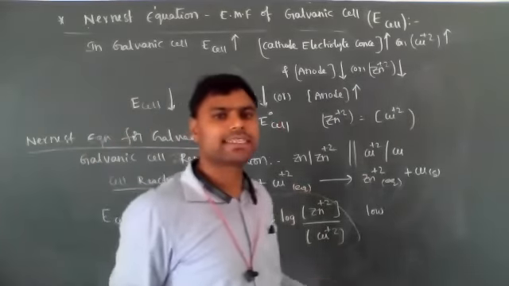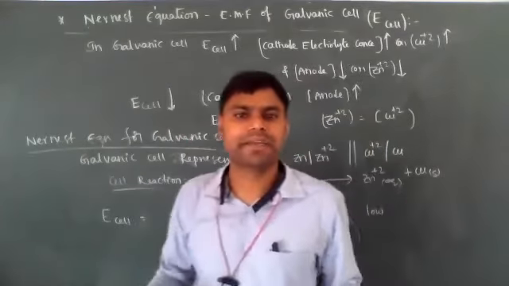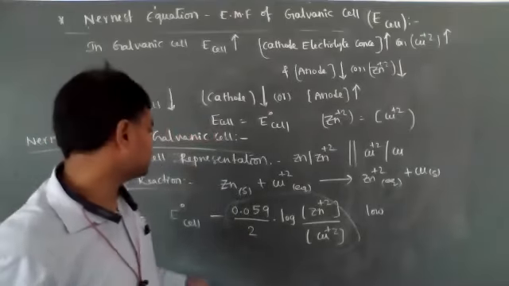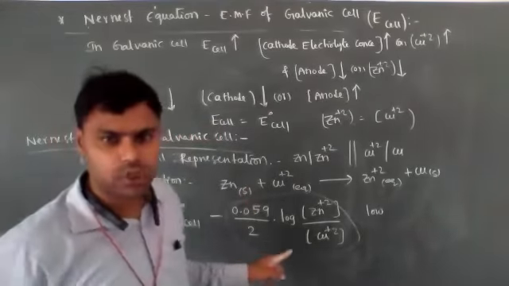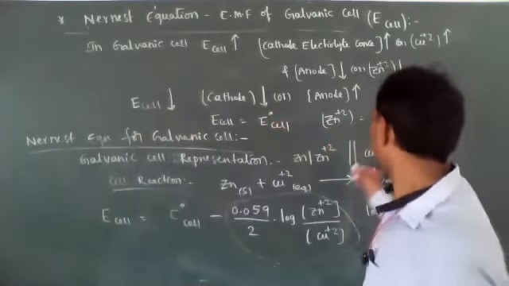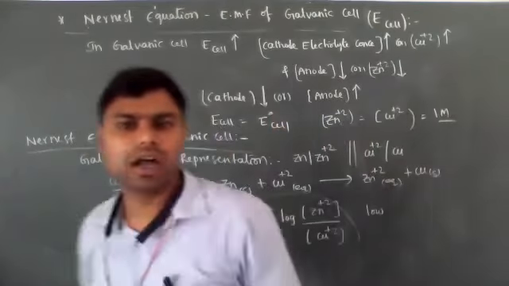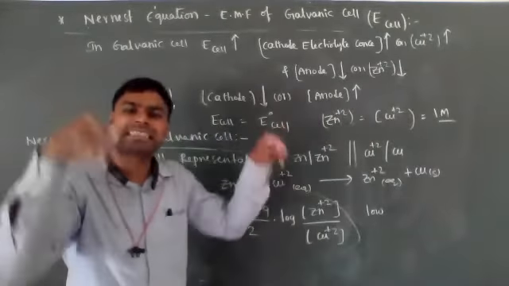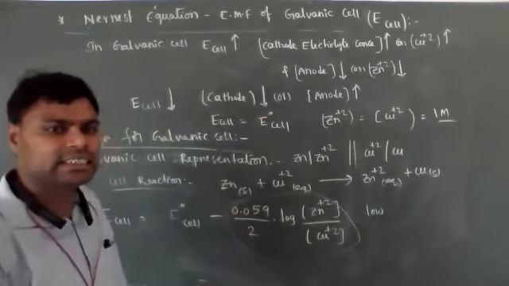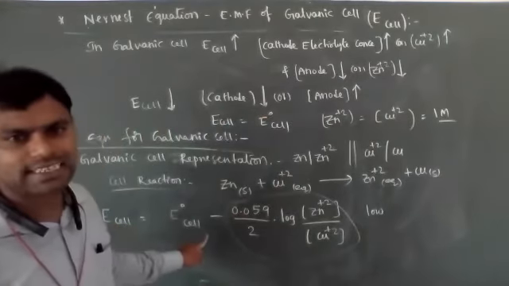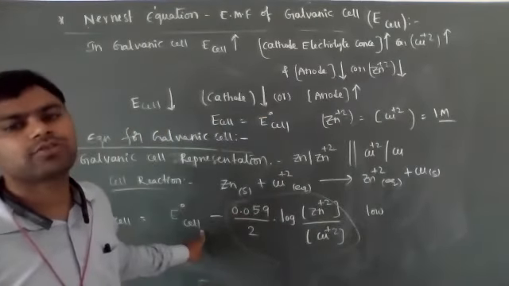E cell equal to E0 cell means the galvanic cell is present under standard conditions, meaning the concentration of Zn plus 2 ions and copper plus 2 ions is equal to 1 molar. Under standard conditions, the electromotive force of the cell is equal to the standard electromotive force of the cell.